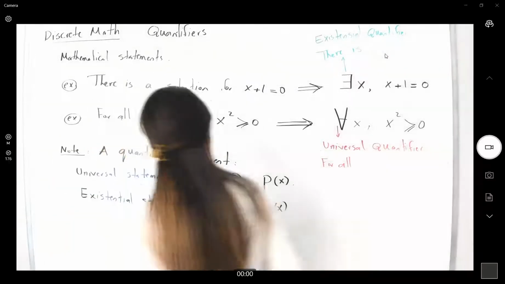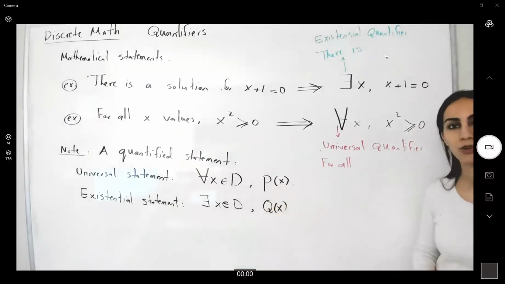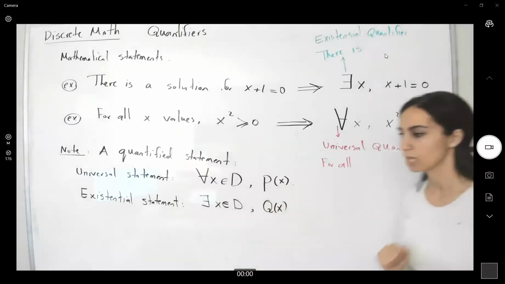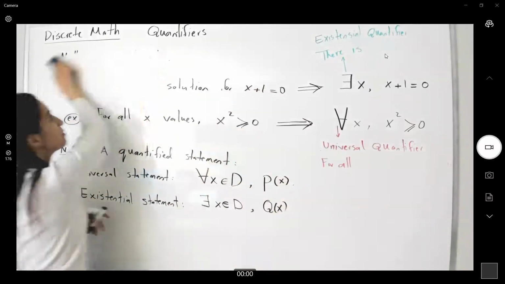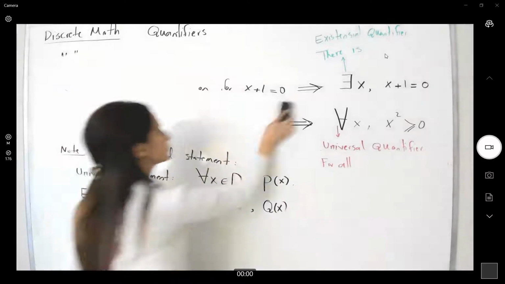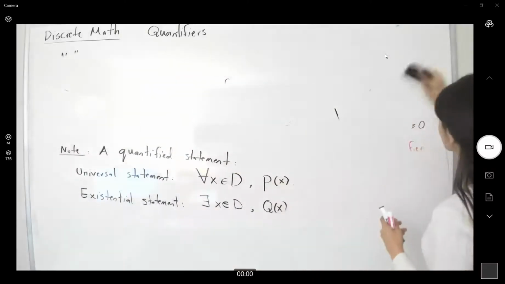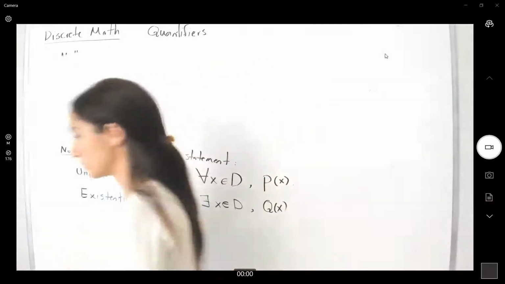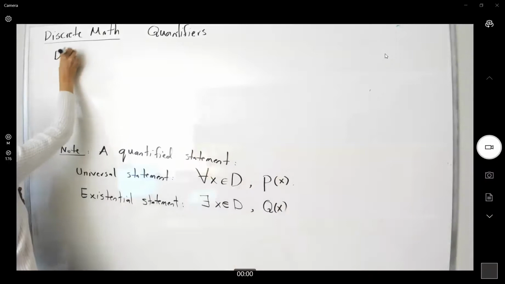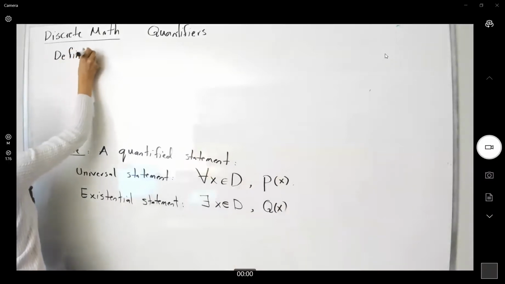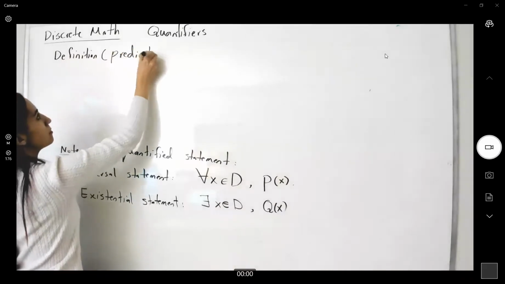Very well. So we usually call P(x) and Q(x) the predicates. Let's write down the official definition of a predicate.